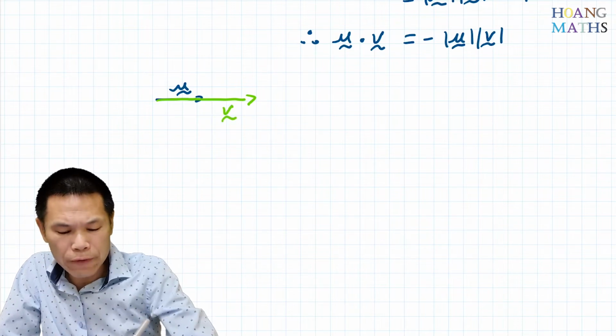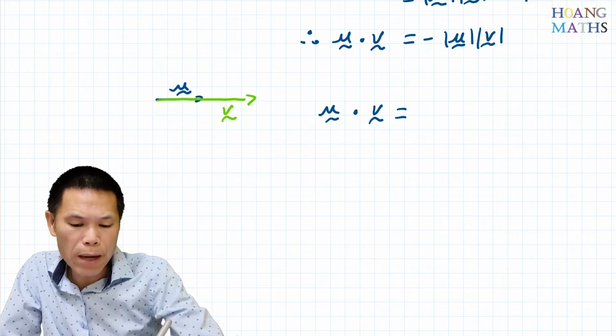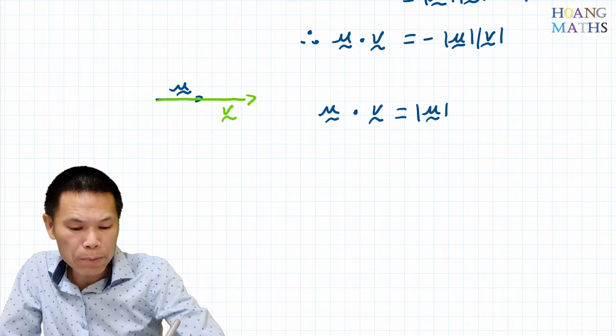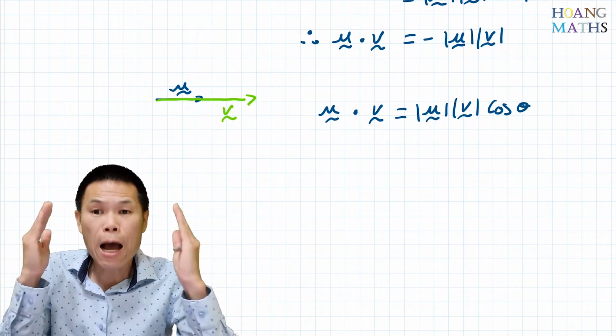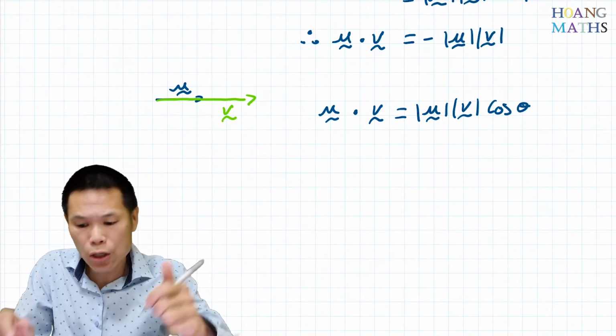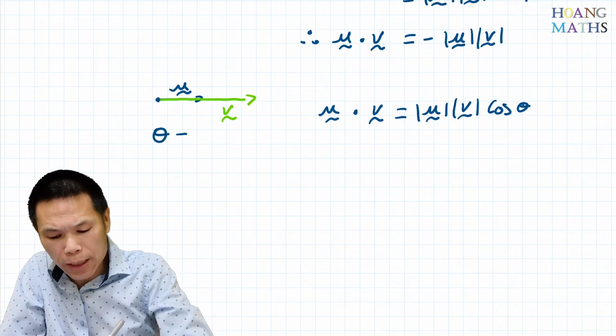So we know that vector u dot vector v is equal to magnitude of u times magnitude of v cos of the angle in between. But because the two vectors are parallel and in the same directions, the angle in between is 0 degrees.